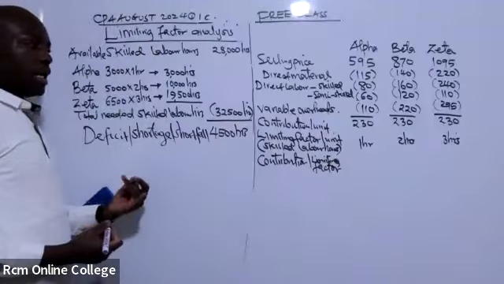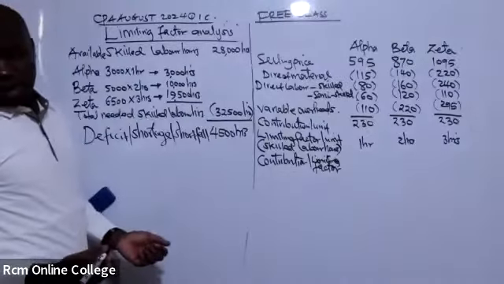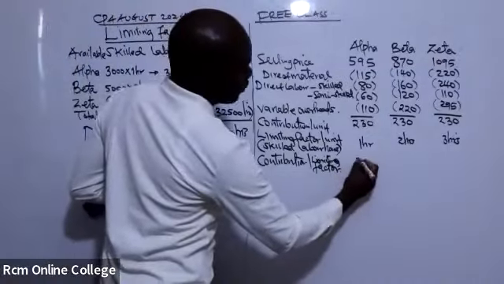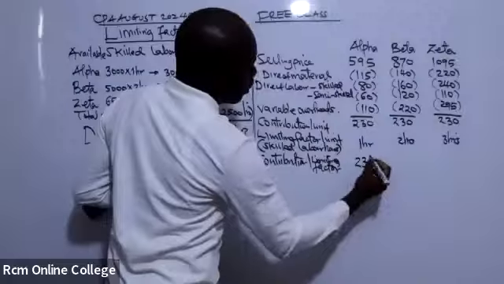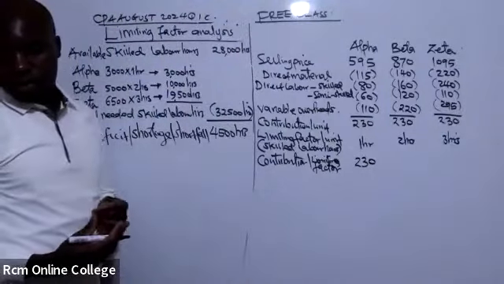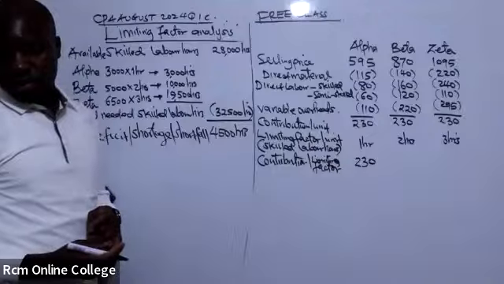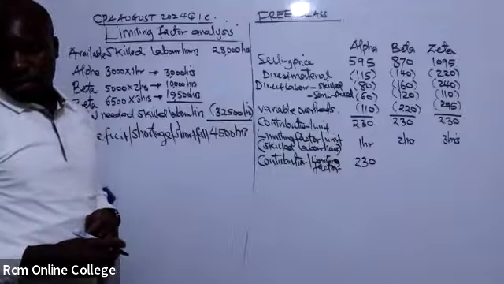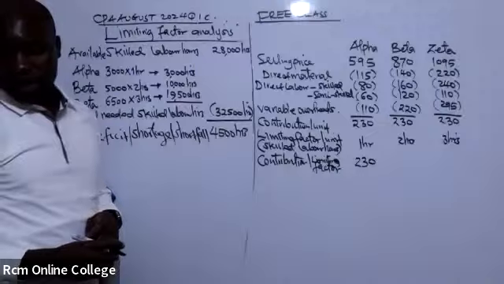The question is, are we able to get contribution per limiting factor? We are trying to equate them to be equivalent to 1. So, can we take 230 divided by 1? That will definitely be 230, right? 230 divided by 2? Contribution per limiting factor, we take 230 divided by 2.